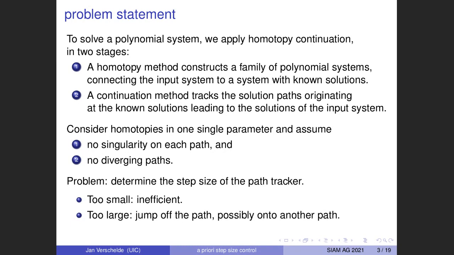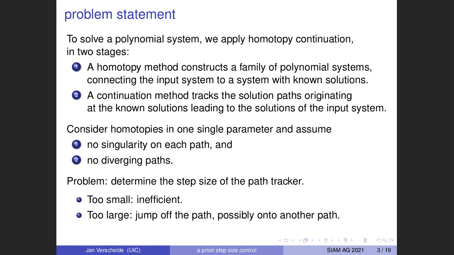And for Schubert problems, we do have Littlewood-Richardson homotopies. So the assumption that we have no singularities on the paths and that we do not encounter diverging paths is quite reasonable in the context of generically optimal homotopies.